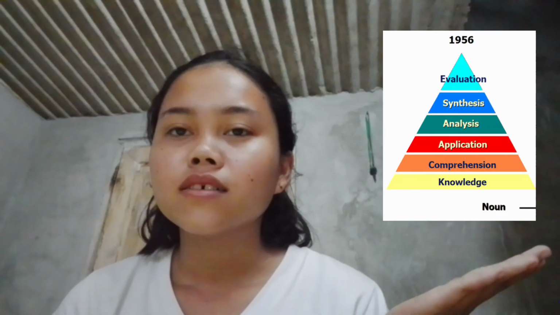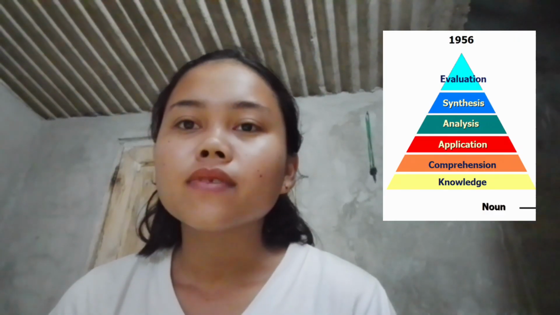Now, I'm going to provide the explanation of Bloom's taxonomies, and first is Bloom's taxonomy in 1956 by Benjamin Bloom. There are six, and first is knowledge, remembering facts and information.